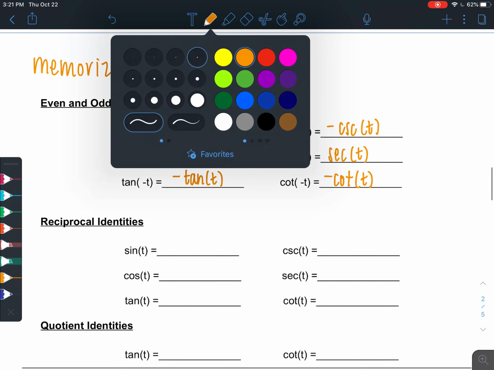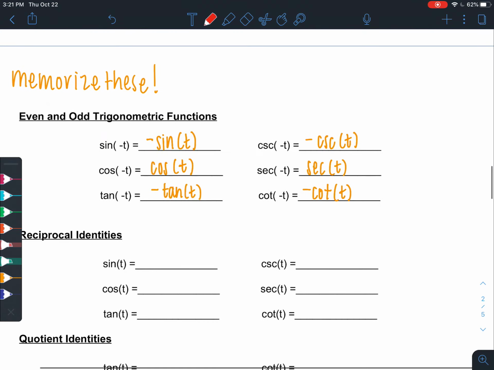Let me show you what I mean by this. I'm going to do an example off to the side here. So if I were to say, what is sine of negative pi over 4? Well, sine of pi over 4 is radical 2 over 2, but since it's negative, I know it's negative radical 2 over 2.